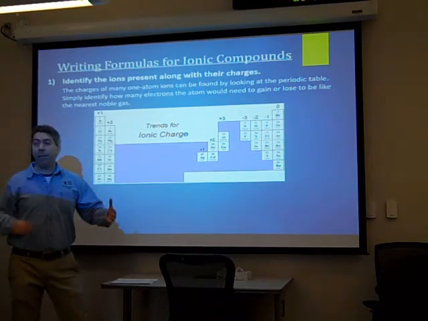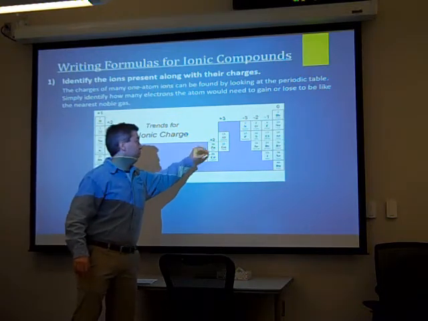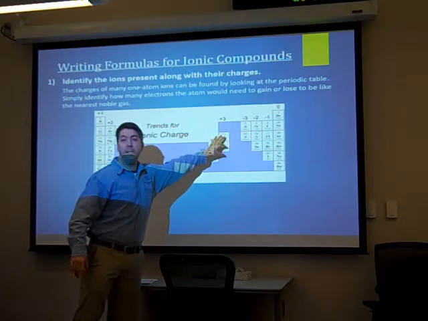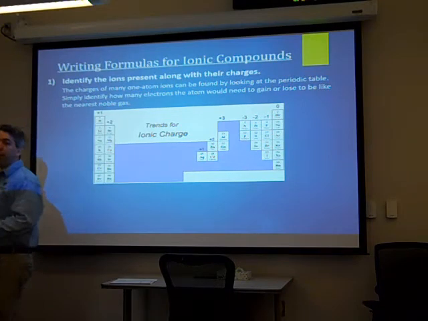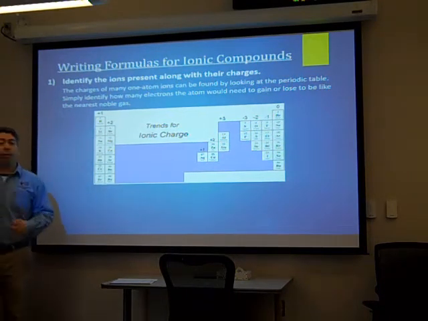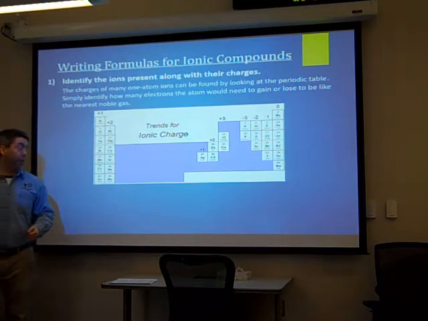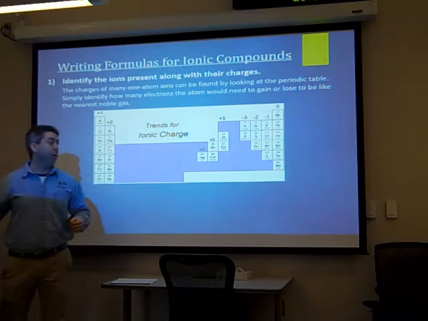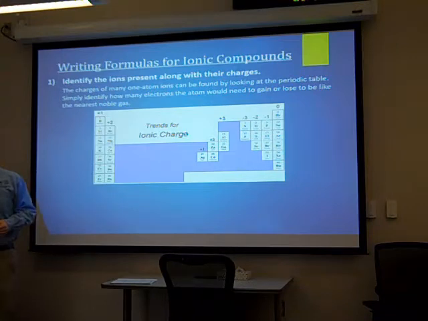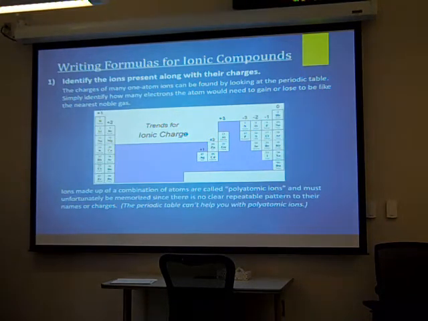So there's this nice neat little staircase. 1 plus 1, 2 plus 2s, 3 plus 3s. And that's a really easy way to memorize those particular ions. Because they only have 1 charge, you'll not be given a Roman numeral in the formula to tell you what the charge is. Okay?